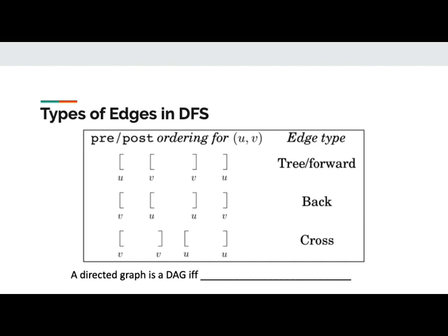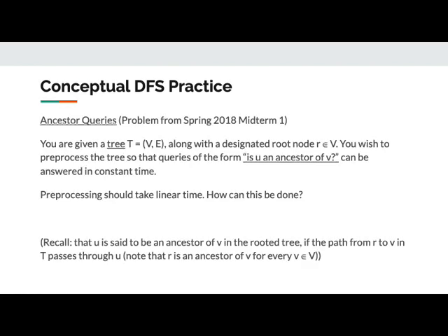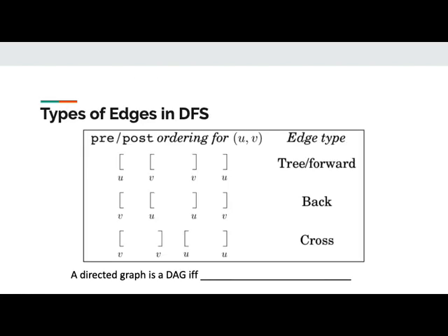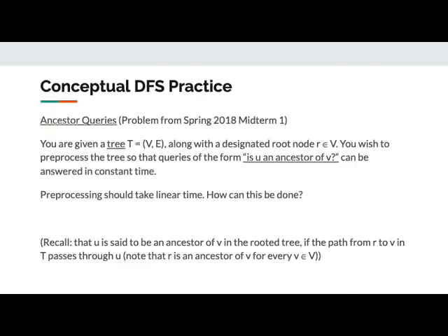A directed graph is a DAG if and only if it does not have a cycle. So the definition of DFS should be relatively clear, and now we can move on to some practice problems.